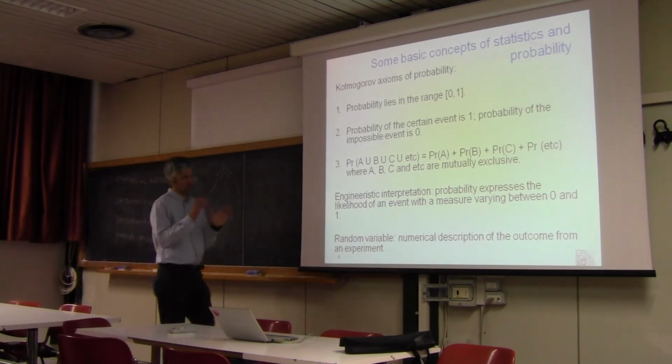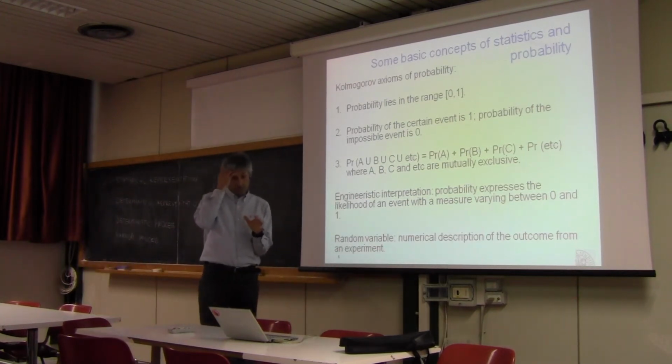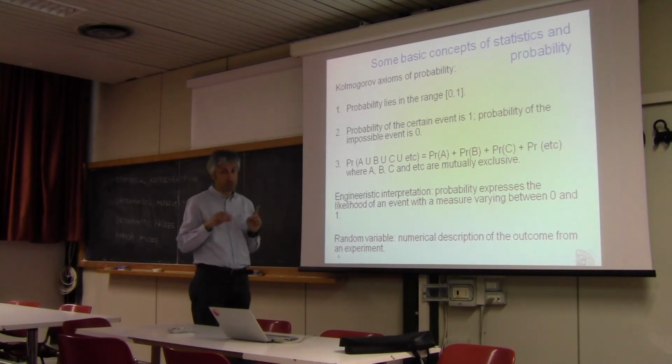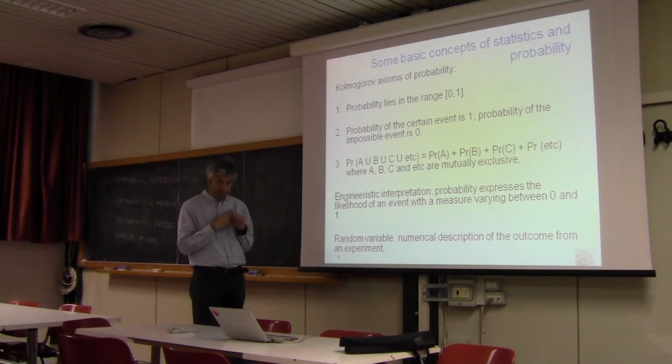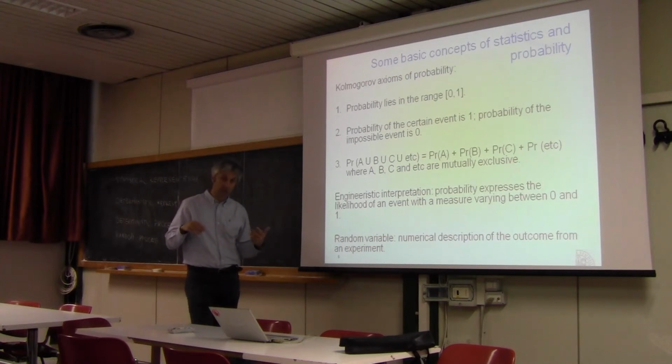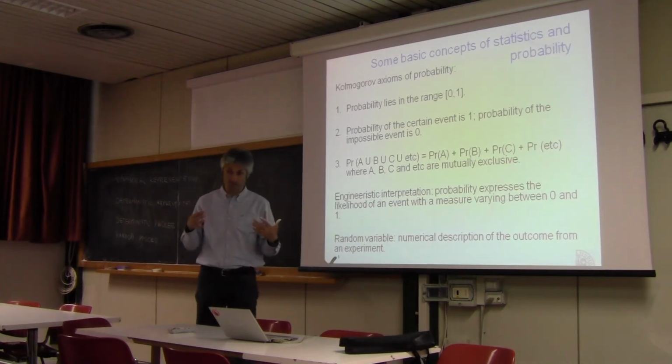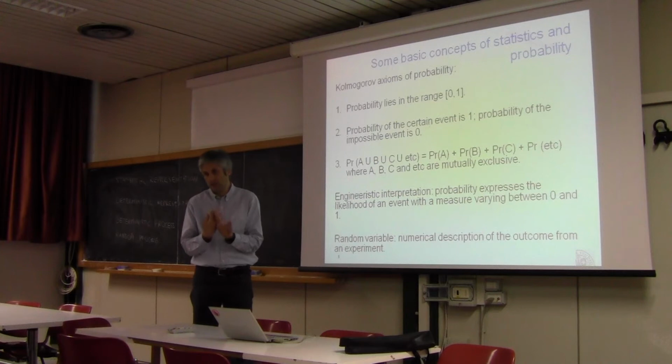So now, first of all, let's make clear that probability refers to an event, like a flood, like a drought, but usually we associate to this event a number because it's easier to treat.